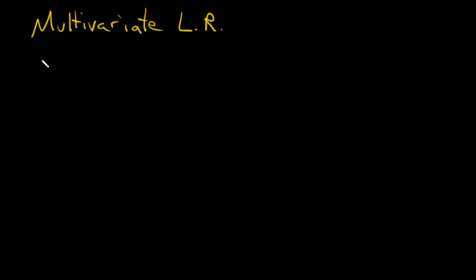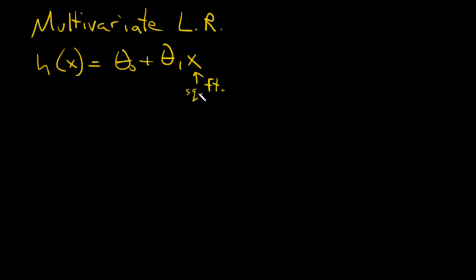So we started off with the simple linear regression. We had our hypothesis function h(x) = theta 0 plus theta 1 x. Our x was our feature, that was our square footage, and our h of x was our predicted price, right? Our y hat.